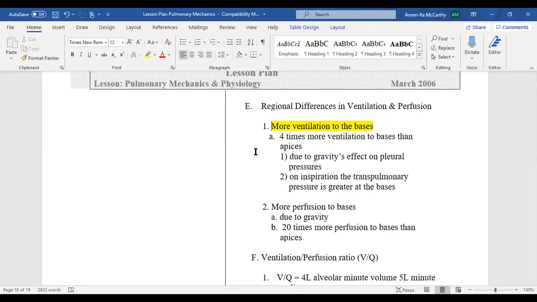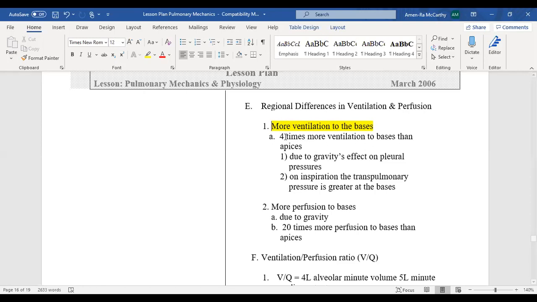I would have thought that air rises, so it would have been more ventilation up at the top of my lungs. Okay, it says due to gravity's effect on the pleural pressure, so you'll be right. How much? It's 4 times more ventilation in the bases than in the apices.